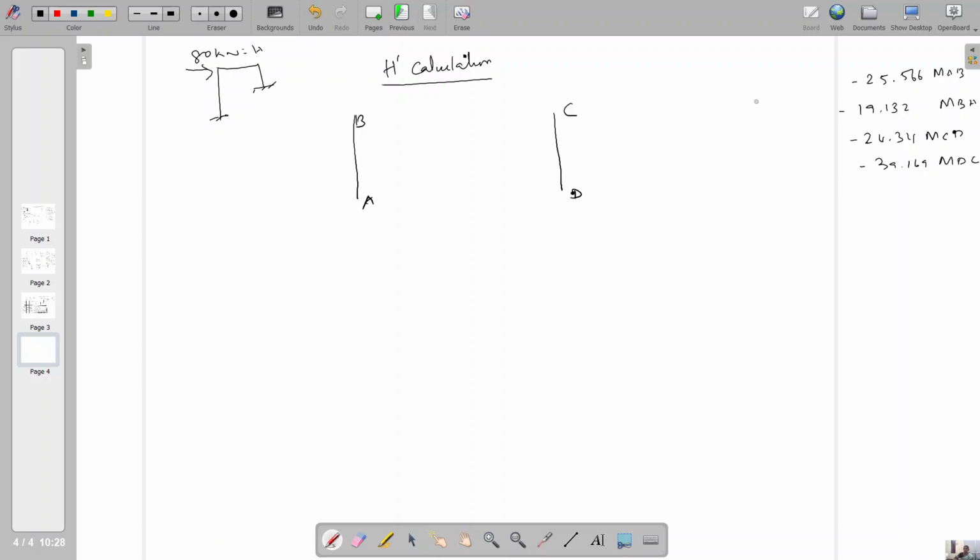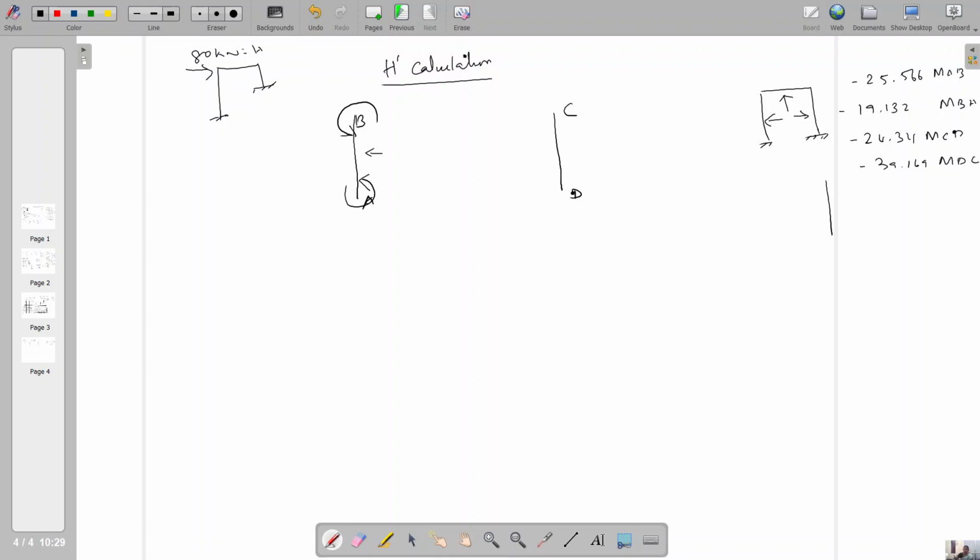When the frame member is considered, you have to look in this manner for the direction of moment marking. If you look from this side, you mark this anti-clockwise. From B to A is also anti-clockwise.